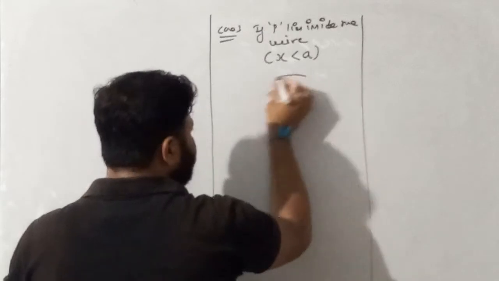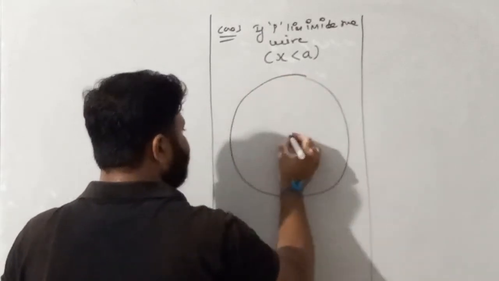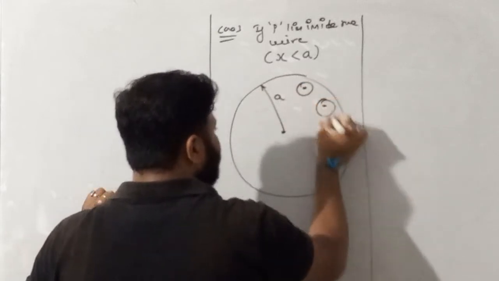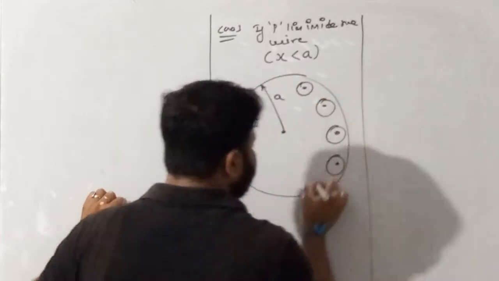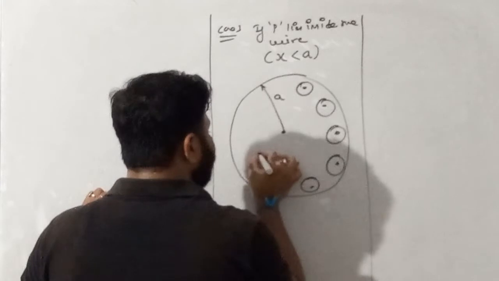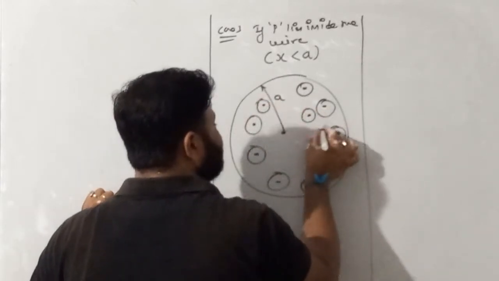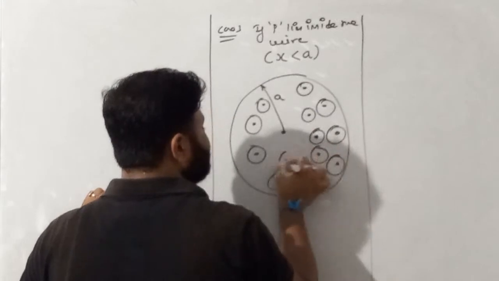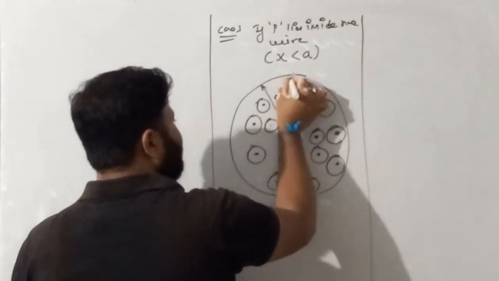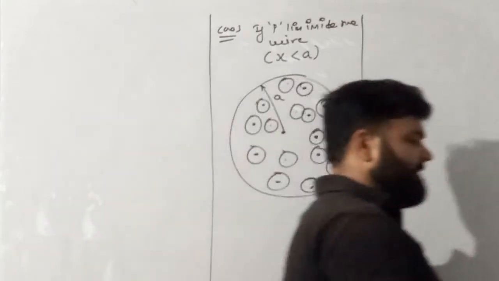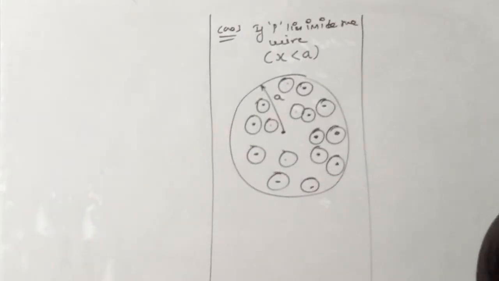So let's see, this is our wire whose radius is A and the total current flowing through the wire is I. And remember, if the wire is thick, then current is flowing from everywhere in the wire. Now point P lies inside the wire.